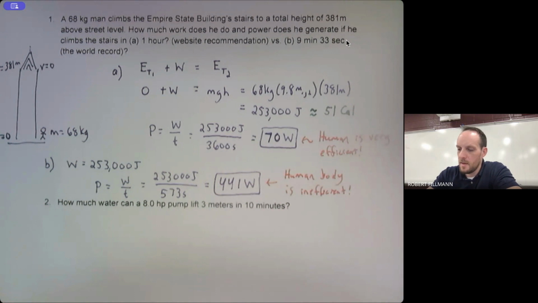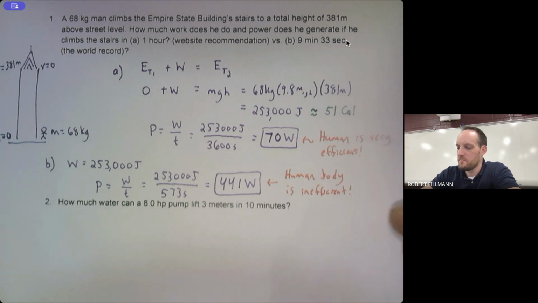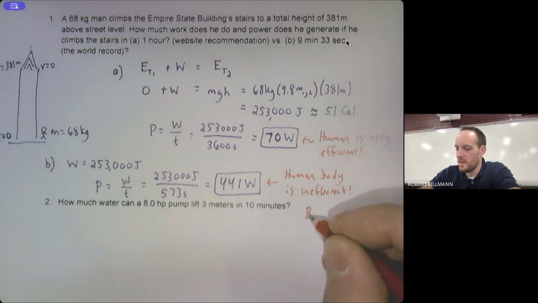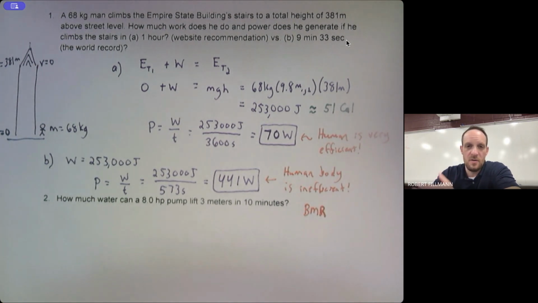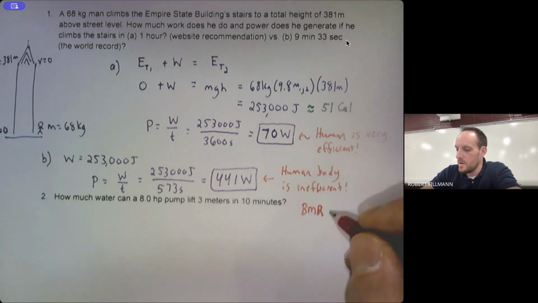Not to throw too much biology in, but when your body is just existing, there's something called your basal metabolic rate. Your basal metabolic rate is the rate at which your body is consuming energy just to stay alive, to maintain homeostasis, to keep your heart beating, keep your body temperature where it should be. And that's based on your age and your physical condition.